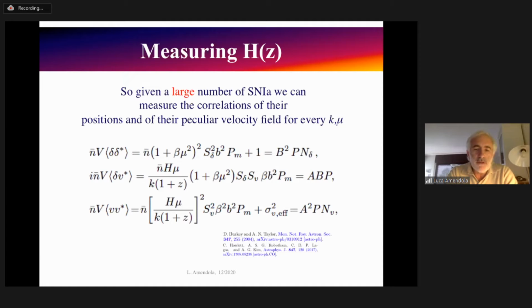The peculiar velocity is obtained because the scatter you see in supernovae that are supposed to be standard candles is the sum of the linear contribution of peculiar velocity, the intrinsic scatter due to calibration, and the nonlinear part. And we took all of them into account. So these are the three observables, and you see that beta enters in various combinations. In particular, it enters through the redshift distortion, the Kaiser effect. And that's why we can disentangle H and beta separately.